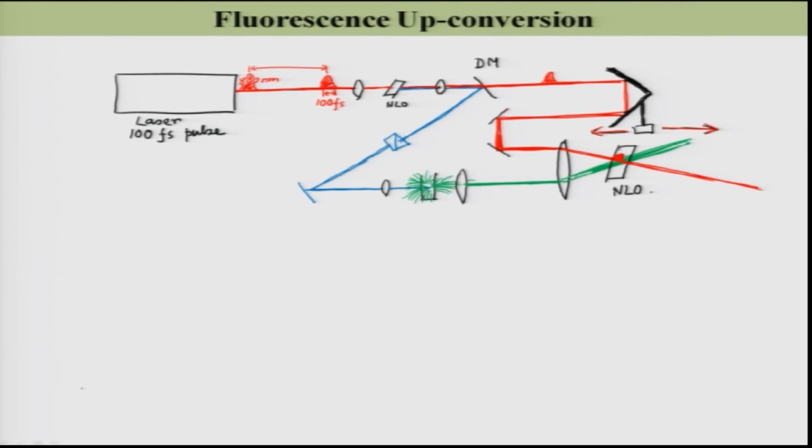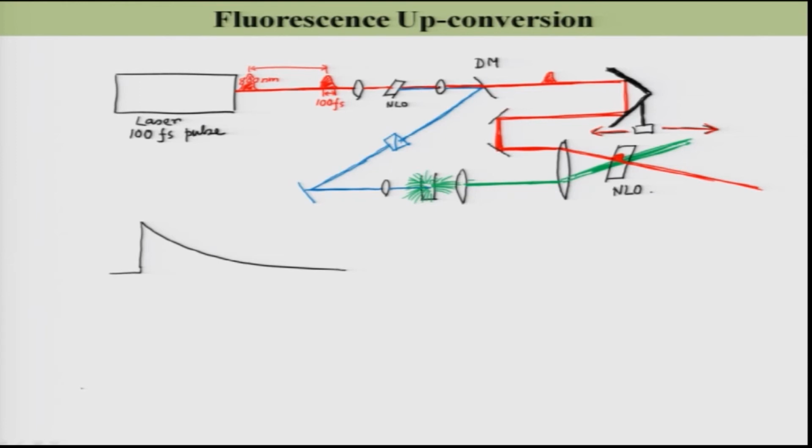Okay. Now, let me draw this fluorescence intensity decay of the sample and this pulse in the diagram below. Suppose this is your fluorescence intensity decay. And this is the position.